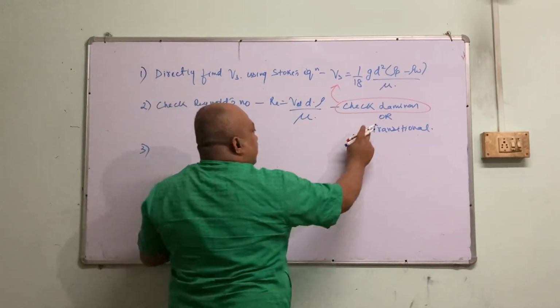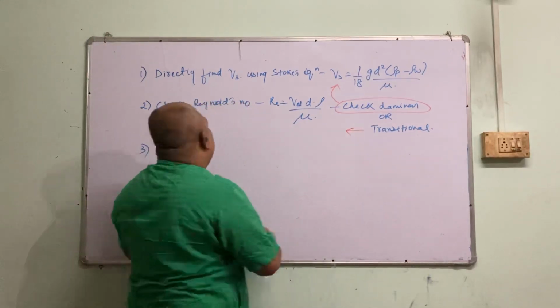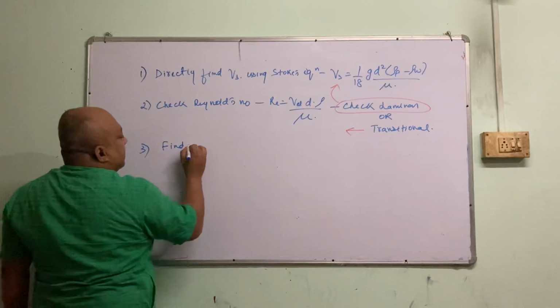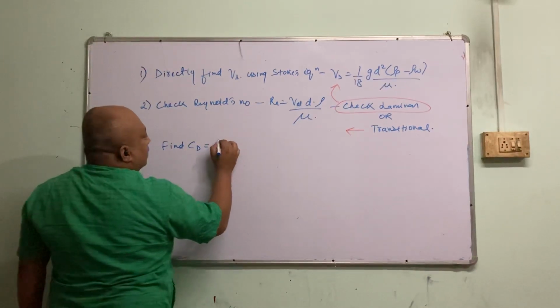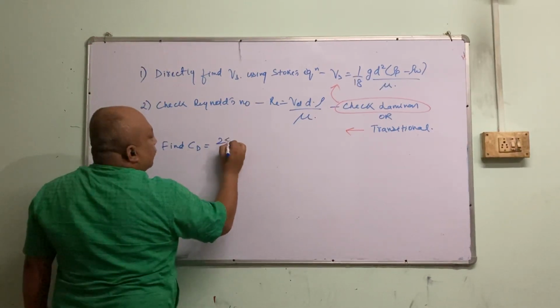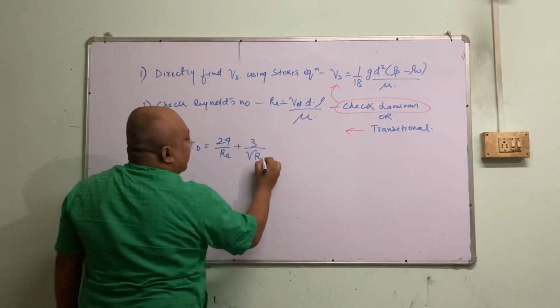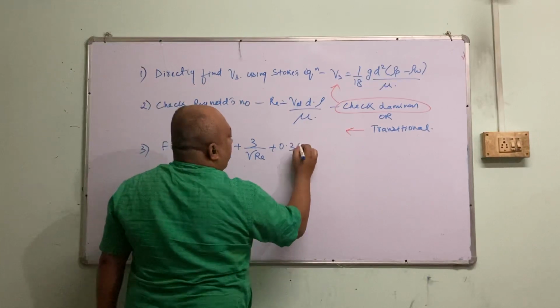But if this is transitional, then you have to find CD is equal to 24 by Re plus 3 by root over Re plus 0.34.